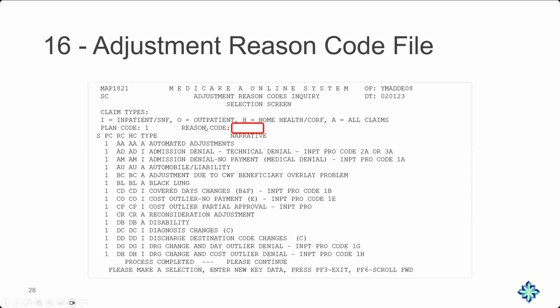You can use this field where the reason code is, type in the one that you want to see, it'll bring it to the top of the list, and you can read the description. So again, giving you all these things to hopefully help not only make it more efficient for you, but to make sure that it's correct and accurate for CMS.